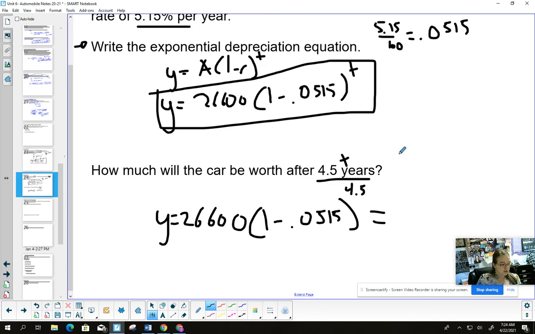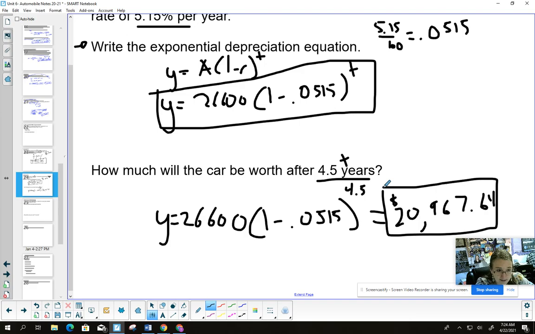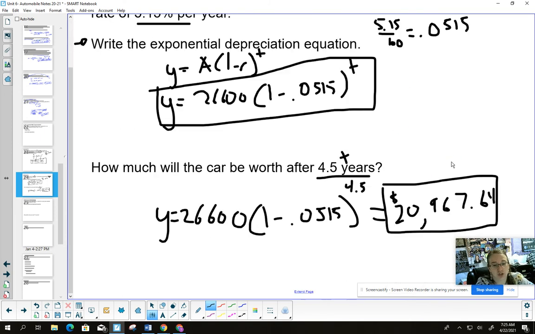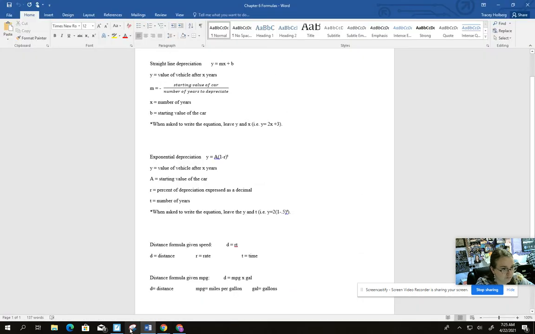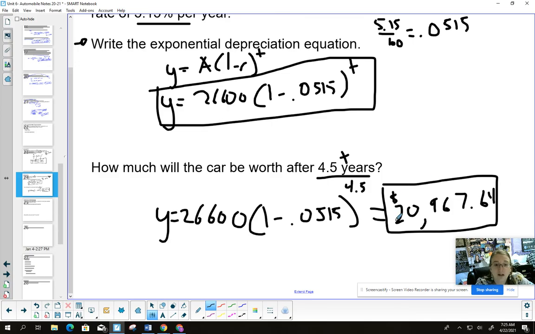Okay, you should have gotten 20,967.64. Now that makes sense because this is less than what we had to start, right? If I end up with a bigger number than what we had to start, something went wrong here because we're depreciating, not appreciating in value. Make sure I got this right here real quickly. Good, okay.